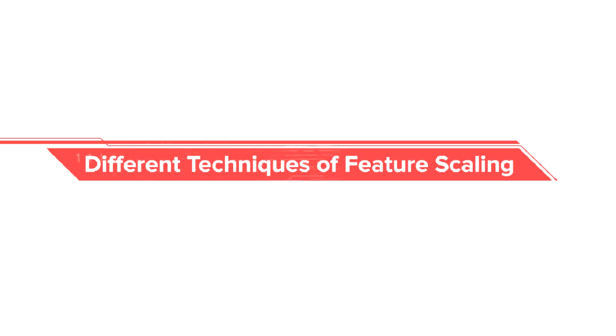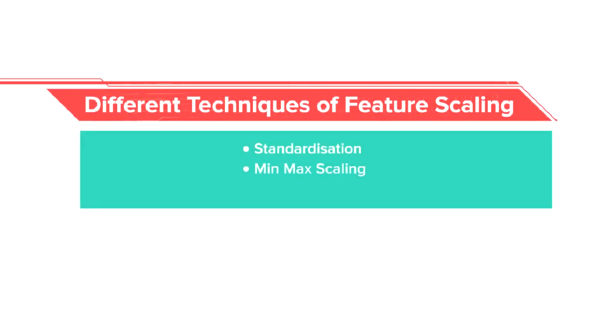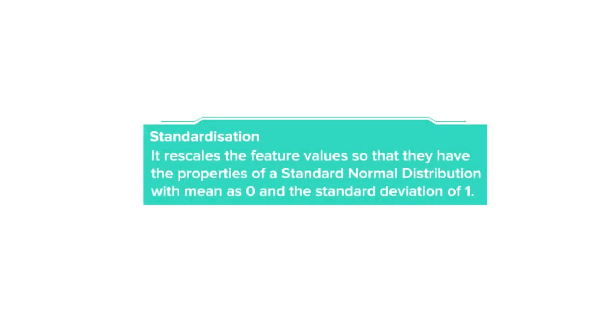There are different techniques which we can use for scaling our feature variables. Some of the most common methods are standardization, min-max scaling, and normalization. Let's talk about them one by one. Standardization. Standardization is the most common scaling method used in machine learning.